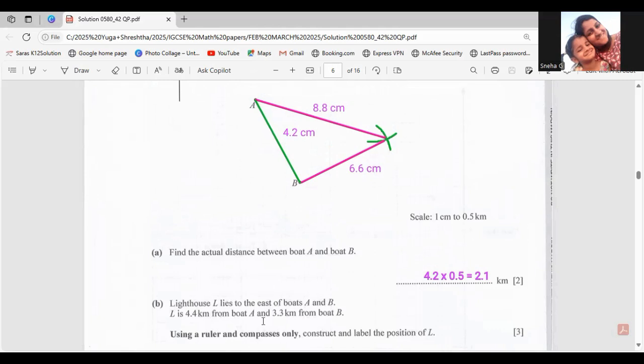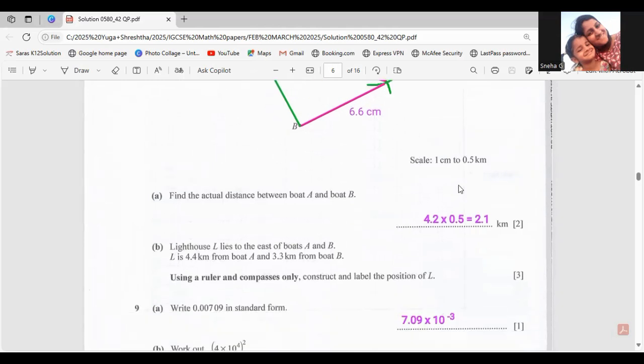And from point B, it is 3.3 kilometers. So 3.3 kilometers converted to centimeters is 6.6. I make another arc at the distance 6.6. On joining, we get a triangle like this, 8.8 centimeters, 6.6 centimeters, and 4.2 centimeters. And where these 2 points intersect, this is your position L of the lighthouse.